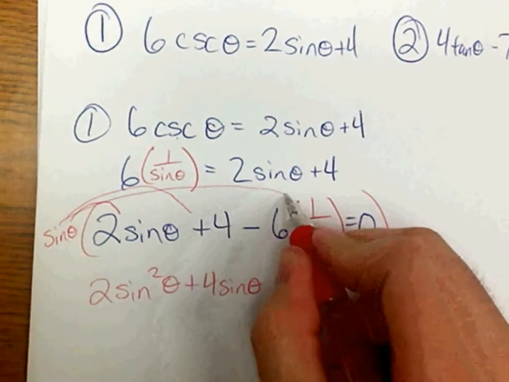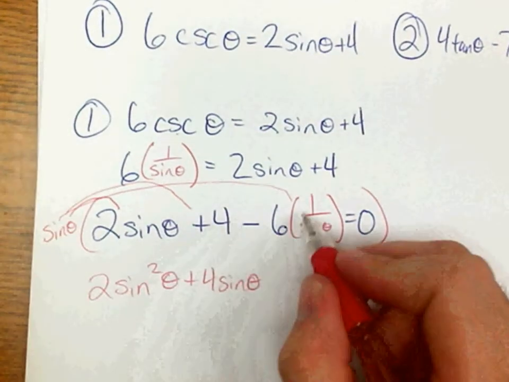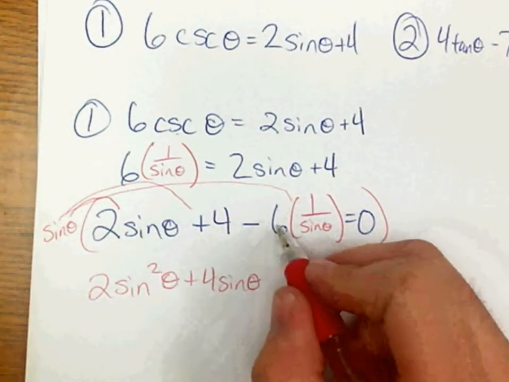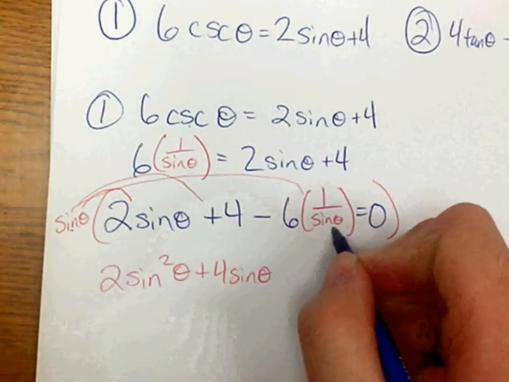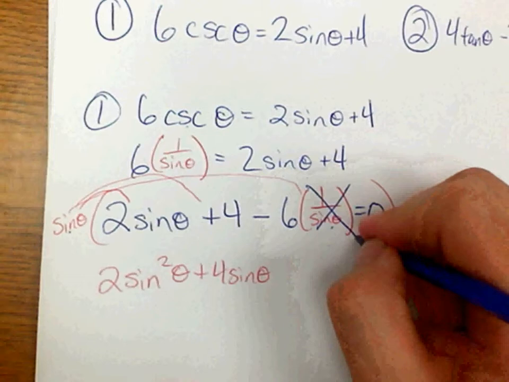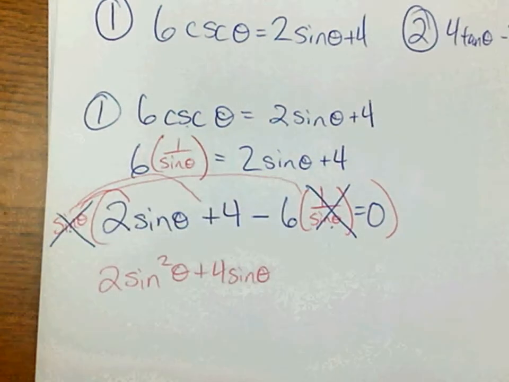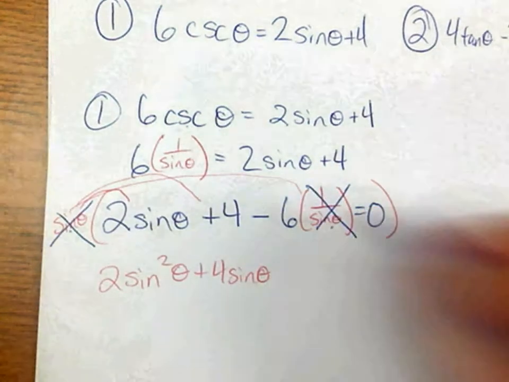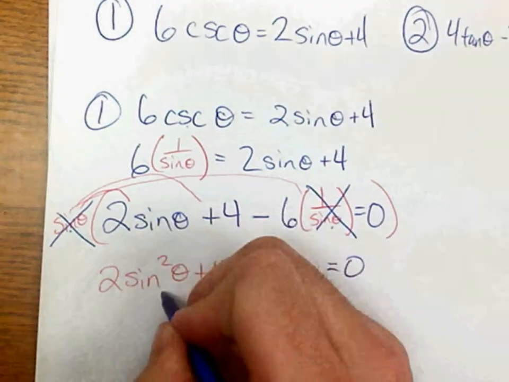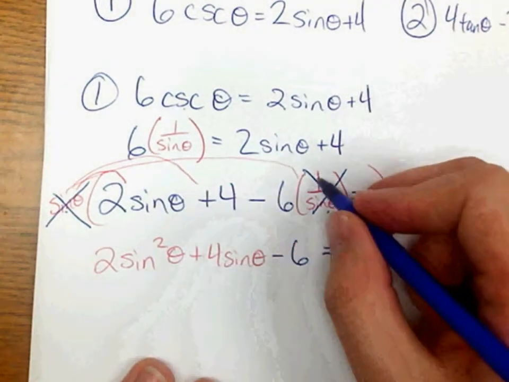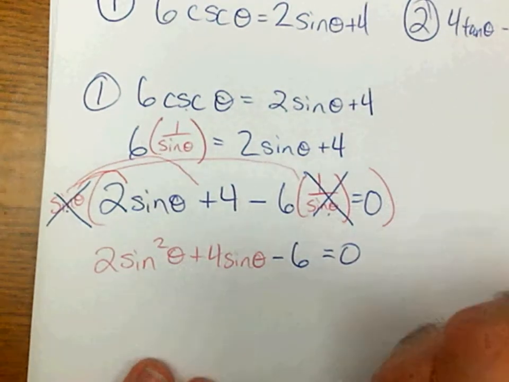And sine theta times negative 6, 1 over sine. Sine theta times 1 over sine theta will cancel each other out. And that is the pattern you're going to notice on all of these problems. We're going to turn it into a quadratic. So this became sine squared, this became 4 sine theta, and this 6 just became a 6.